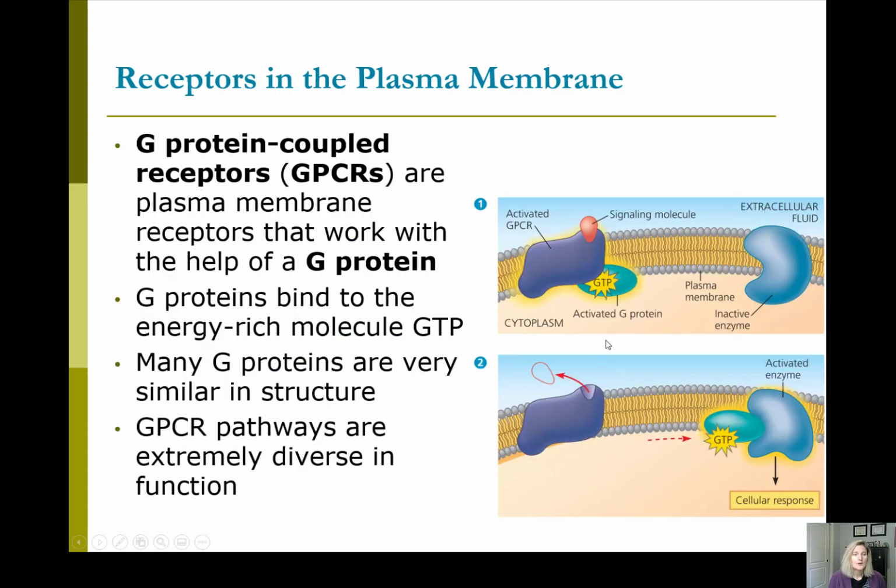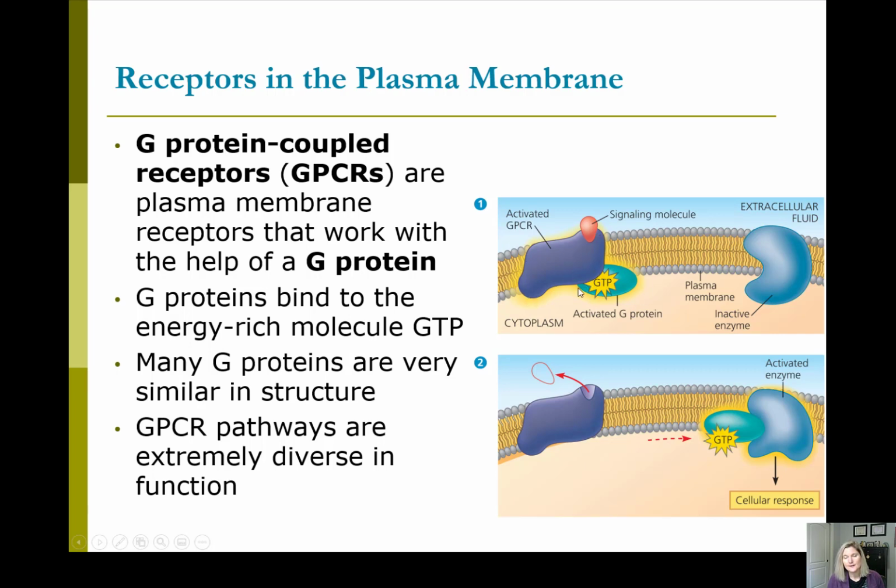Okay, so instead of saying G protein coupled receptor over and over again, we can just refer to it as the GPCRs, and that's basically a specific type of receptor site that works with something called a G protein. So if we take a look at our activated G protein coupled receptor, this is some sort of protein molecule that's embedded in the plasma membrane.